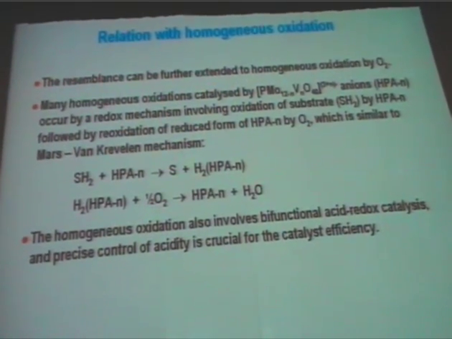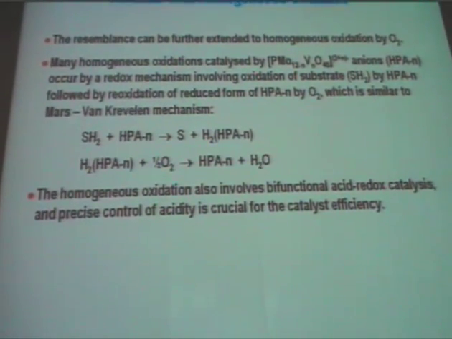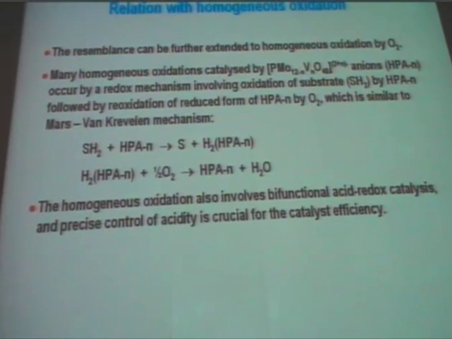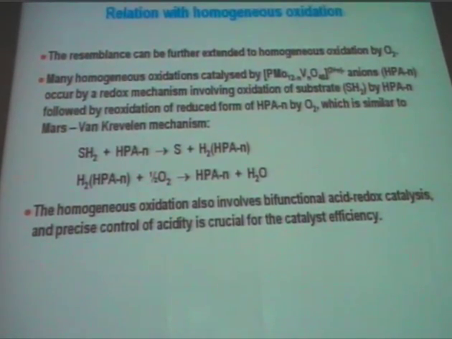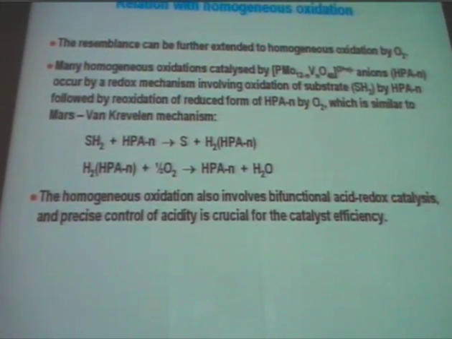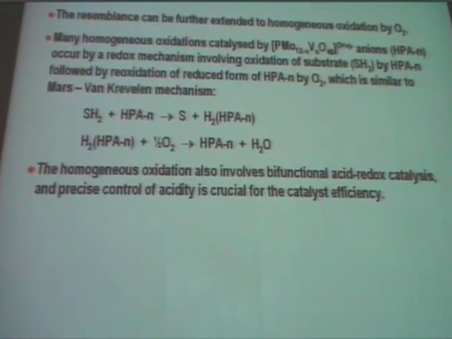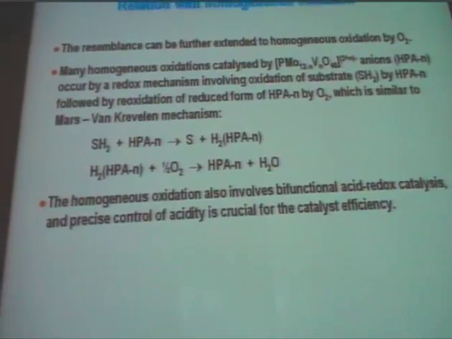The homogeneous oxidation also involves bifunctional acid redox catalysis, and precise control of acidity is crucial for the catalyst efficiency in homogeneous systems, as is well documented in the literature.